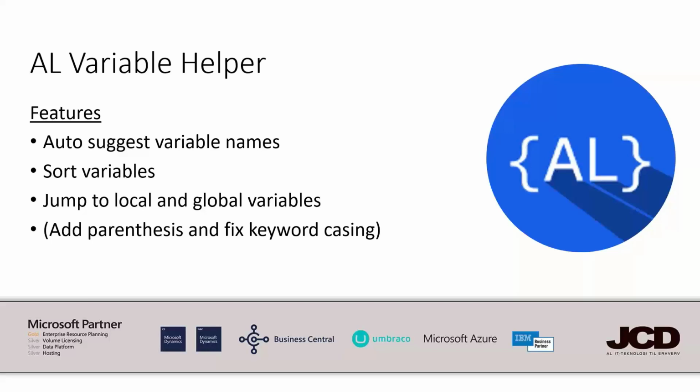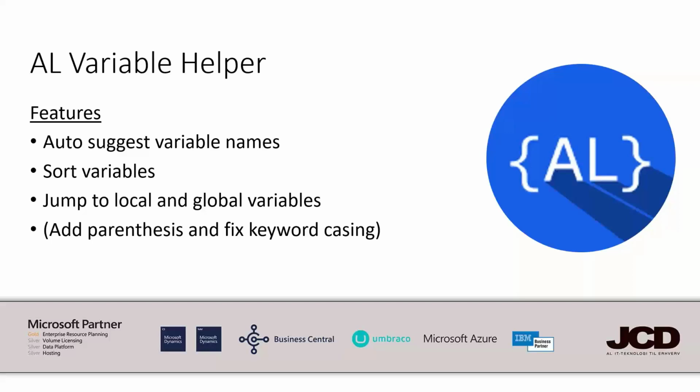There is another feature where you can jump through variables from local to globals, and then the same feature exactly as Bart presented it in the beginning, where you can add parentheses and fix keywords. So, if you are grabbing code from your C-side, you would have keywords with large casings. This would kind of fix it and try and put it in more AL-like casing.